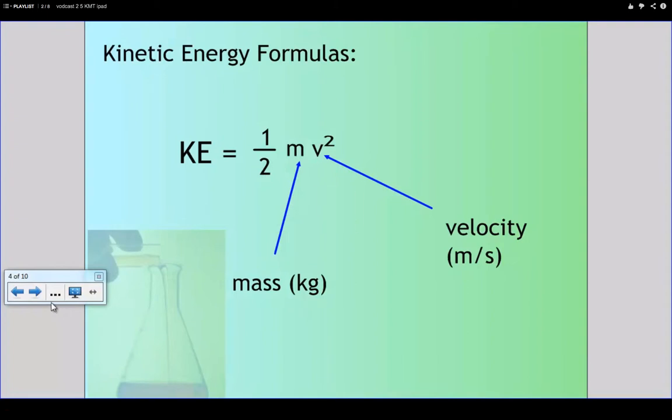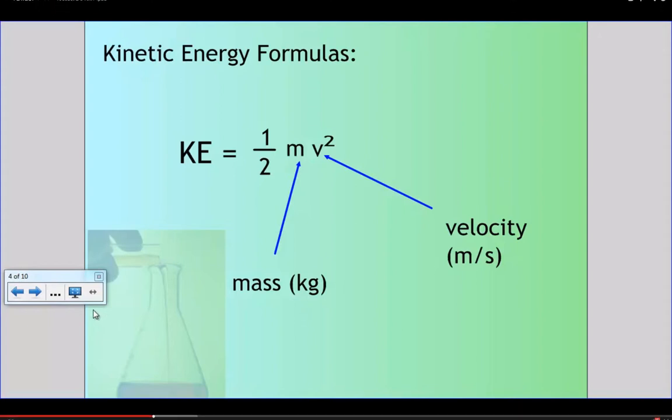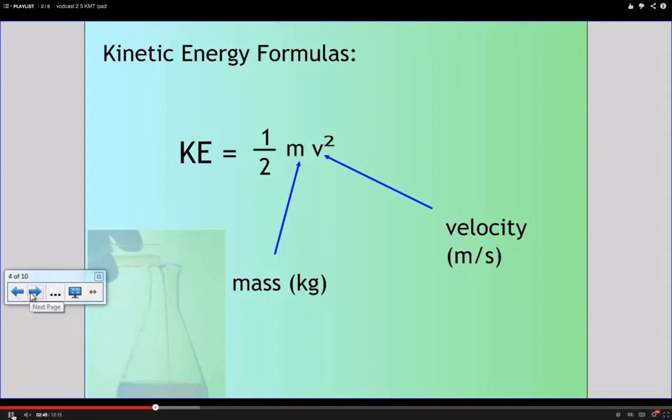You may want to take a minute to jot this formula down into your notes. It's good practice to take notes off of my videos.